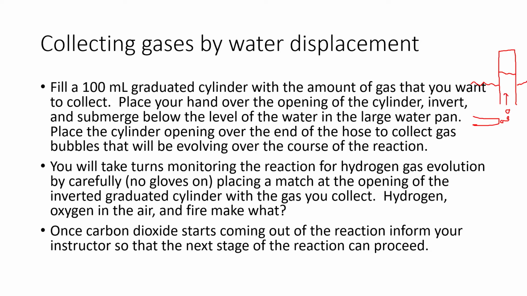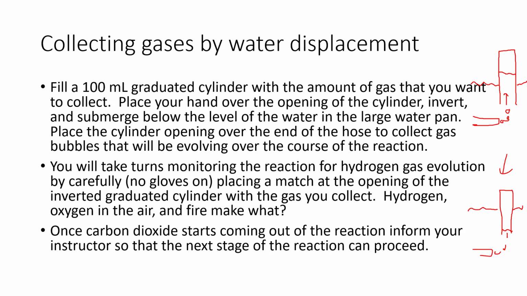What will eventually happen is, as gas accumulates, the water will begin to be displaced and go down, while the gases will start to take its place. So if this is the before shot, this would be the after shot, and let's say our new water level is here. So here's our tubing and our gases. So you can see that after some time, gases begin to fill up the graduated cylinder, so this is a very good way for us to measure the amount of gases that are produced.